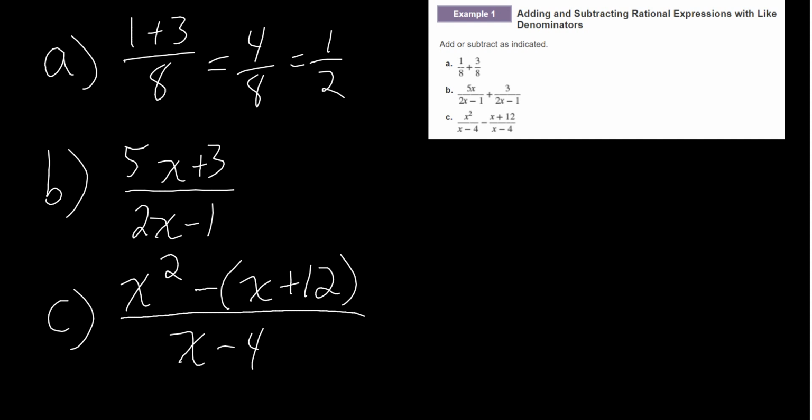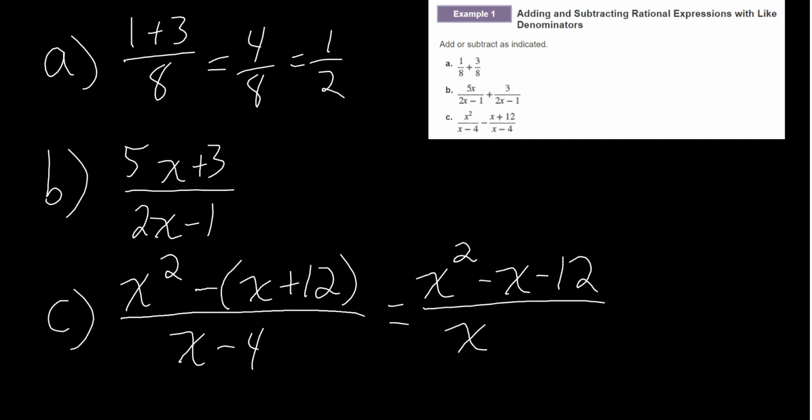Okay, and if I subtract the quantity of x plus 12, then that's going to turn into x squared minus x minus 12 all over x minus 4. All right, and I'd venture to say that the numerator factors into some form of x minus 4, right?